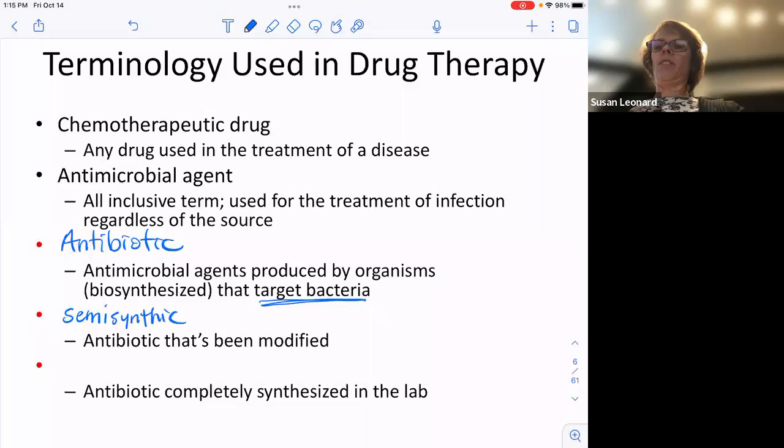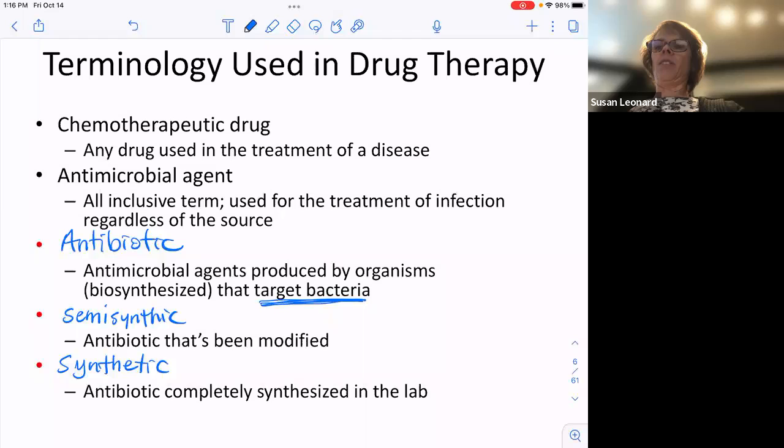antibiotics. We still consider them antibiotics, but we have taken part of that molecule and changed it a little in the lab to give that drug some better properties, maybe make it be absorbed better or make organisms less likely to develop resistance to it. And then if a drug is fully synthetic, we still consider it an antibiotic if it just targets bacteria.